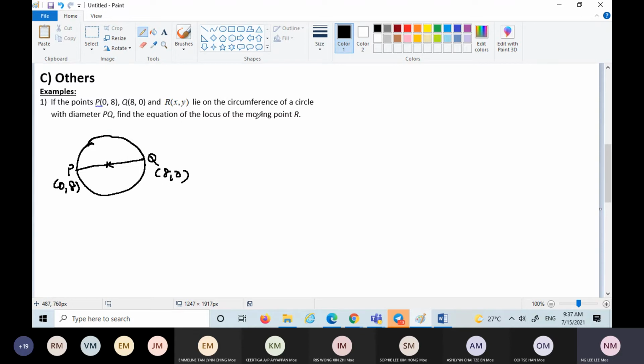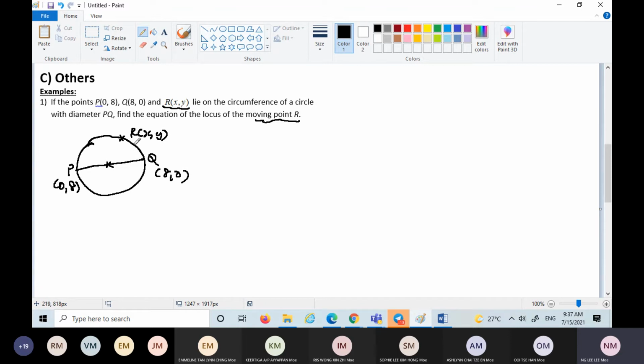Okay, now the moving point is the point R. Point R is also on the circumference. R is here. So R is on the circumference of the circle, which means R forms a circle. When the moving point R moves, the locus is a circle.